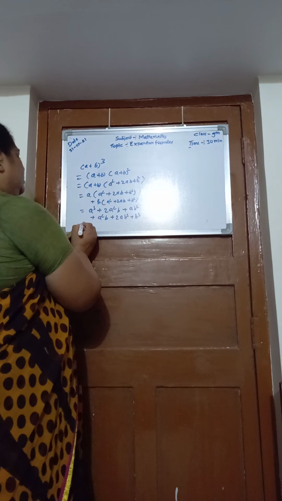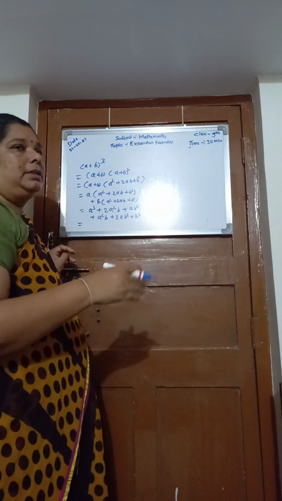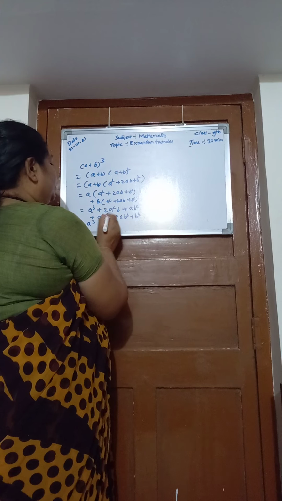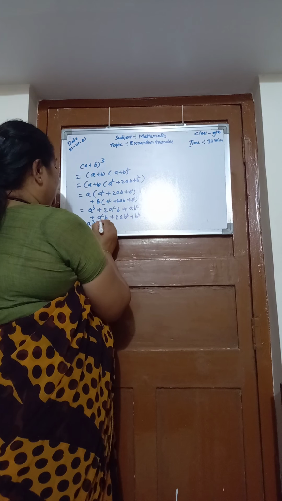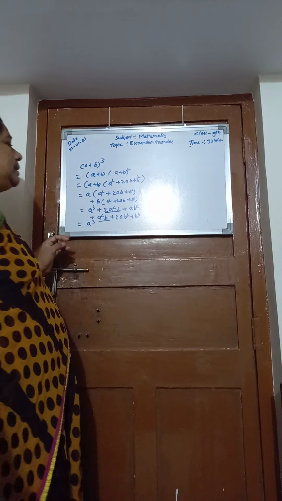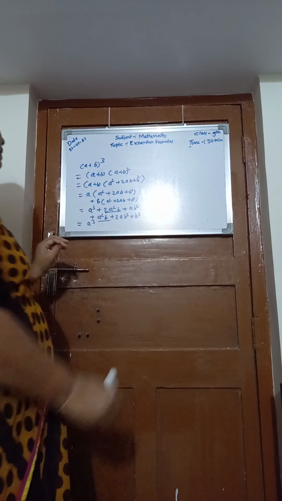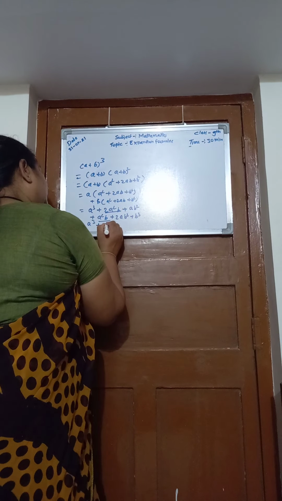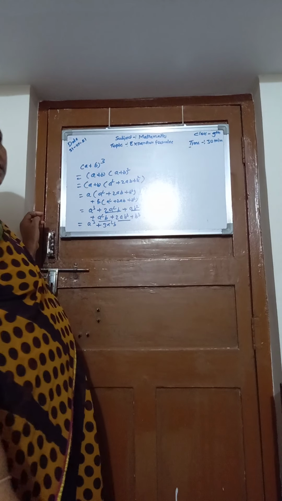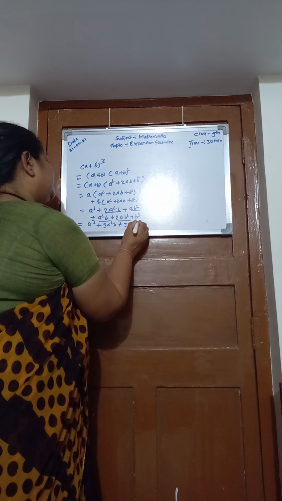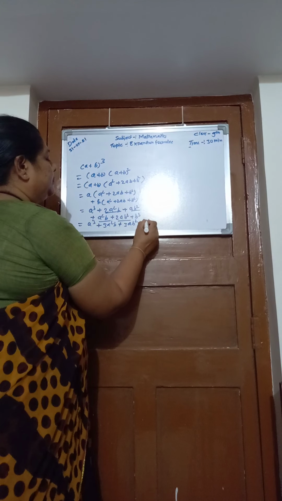Got it? Then collect same type of terms. We can write it as a cube, then 2a square b and a square b are same, 2 plus 1, 3a square b, and ab square plus 2ab square, that is 1 plus 2, 3ab square, plus b cube.